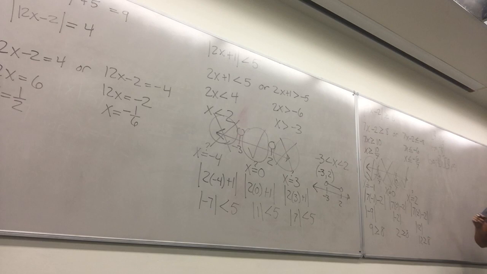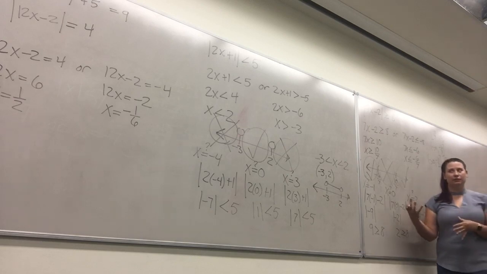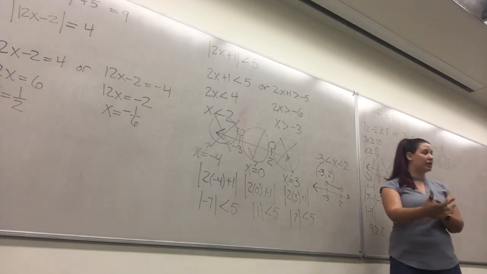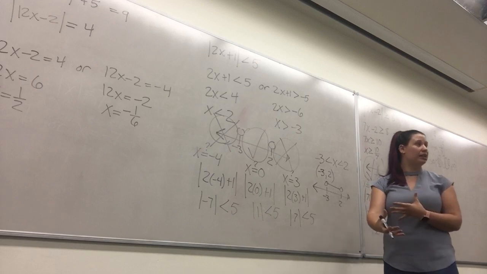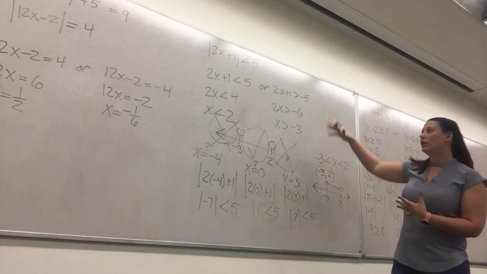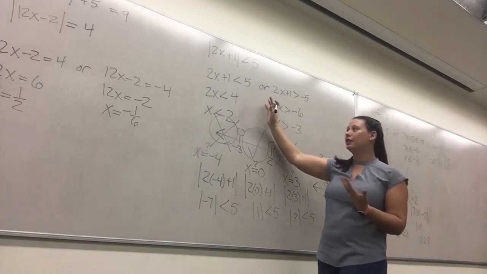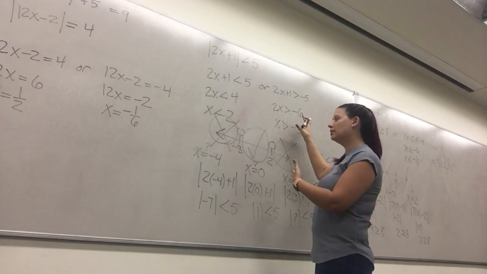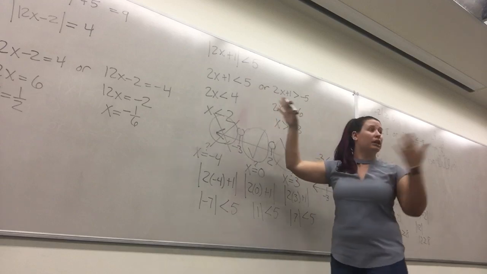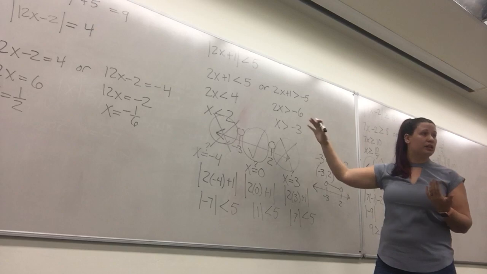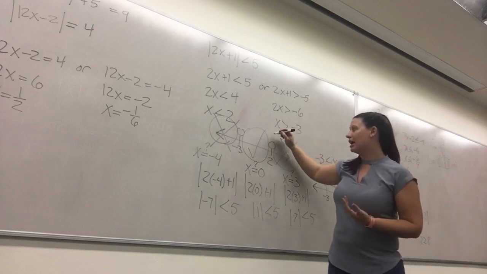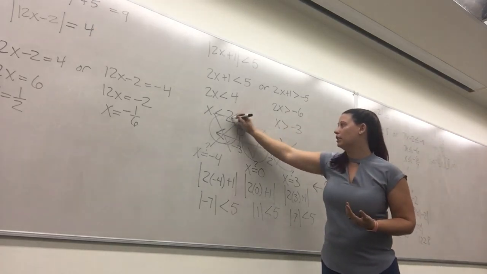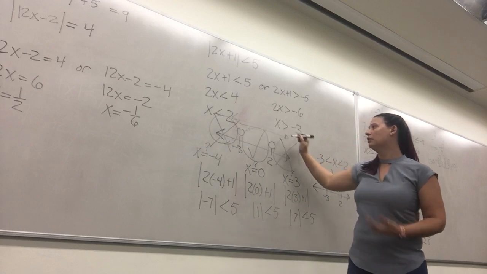Okay. So how this is different from when we were talking about just inequalities is that when we wrote these, we thought about them as separate pieces. But if you follow the arrows, the inequality signs, we would get from here to here and then here to here.